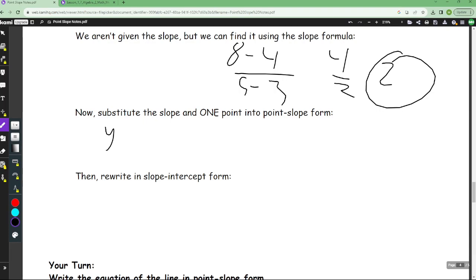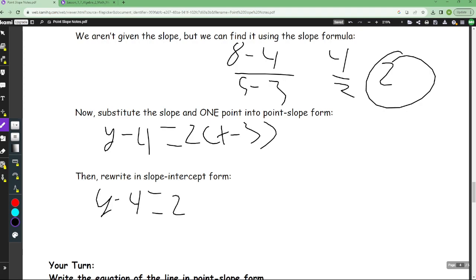Which will be y minus 4 equals 2 times the quantity of x minus 3. Then distribute, so we have y minus 4 equals 2x minus 6. Add 4 to both sides, we get y equals 2x minus 2.